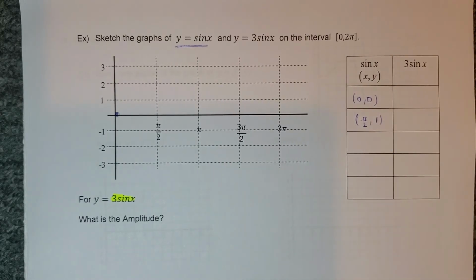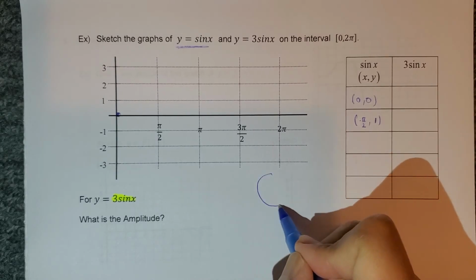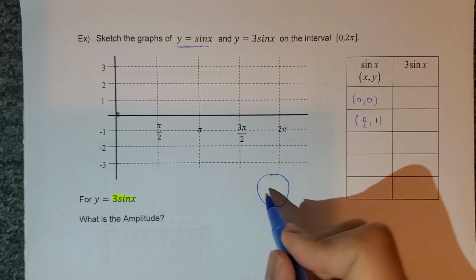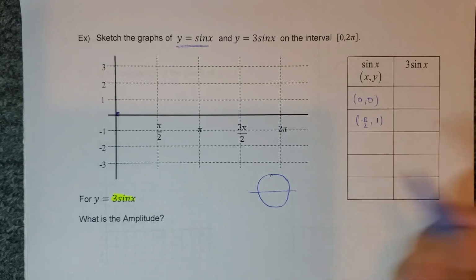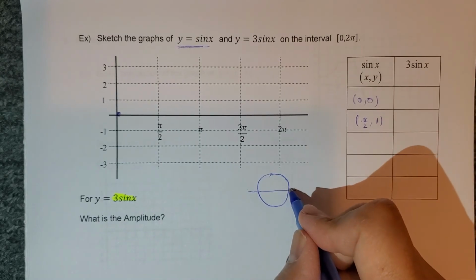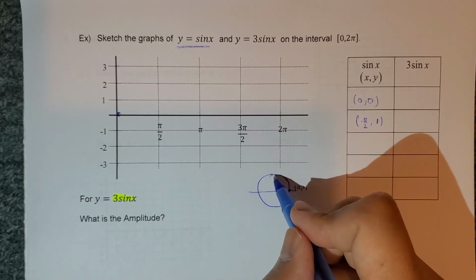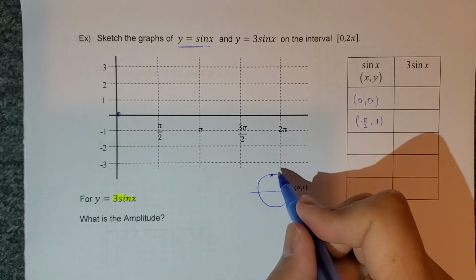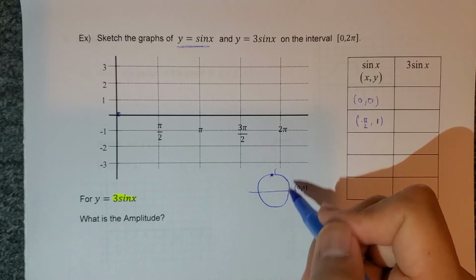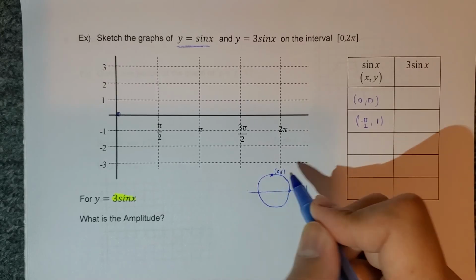Look at the unit circle again, because sine is the same thing as the y value. At 0 the y is 0. At pi over 2, your y is 1 but your h is 0.